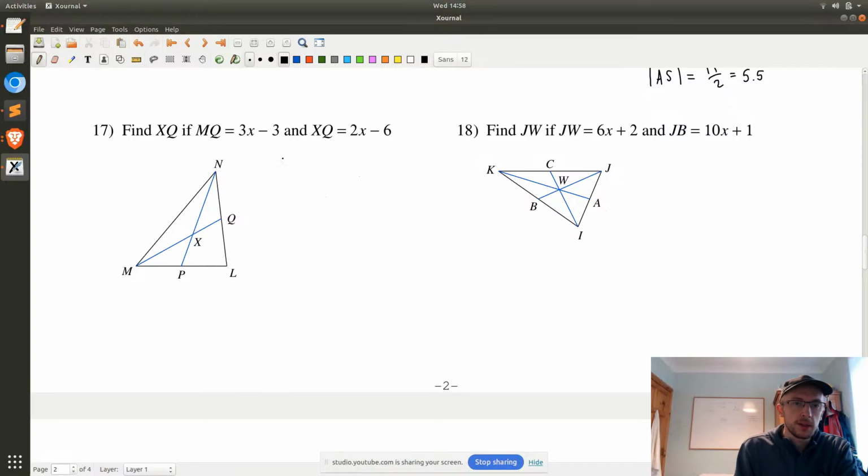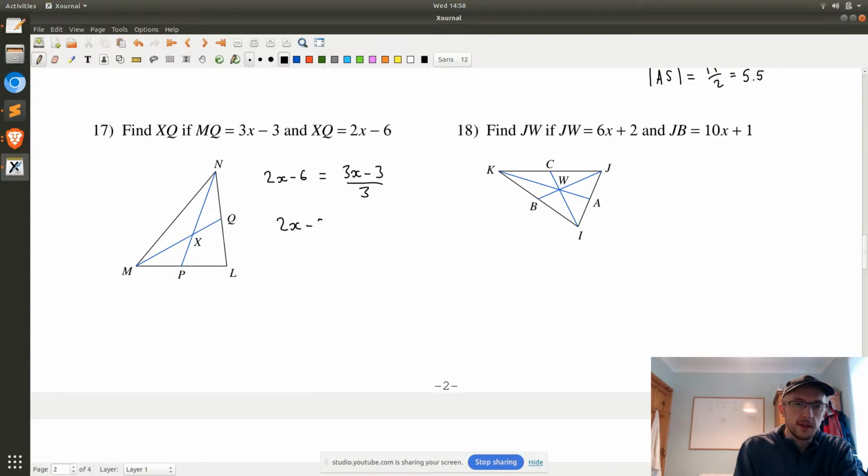Find XQ if MQ is this, and XQ is this. So 2x take 6 is 1/3 of 3x take 3.